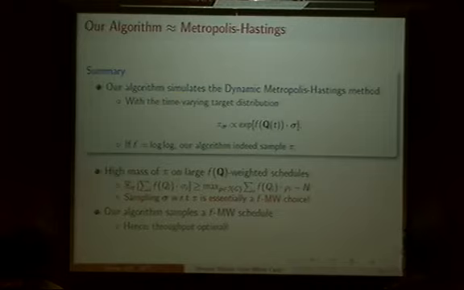And if any algorithm samples the f max weight schedule, it is easy to argue that this algorithm is throughput optimal. This is the end of the proof. If you have any questions, yeah.